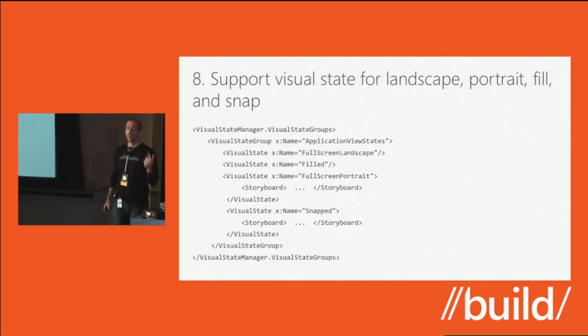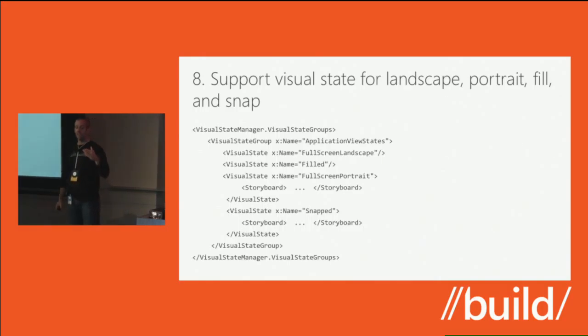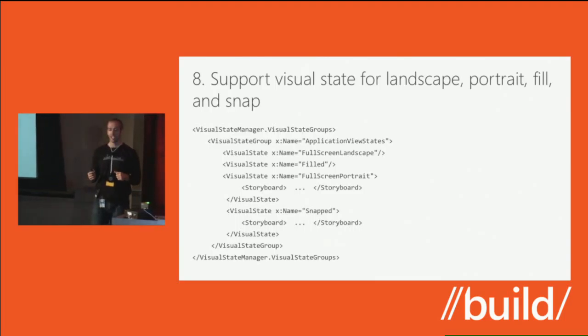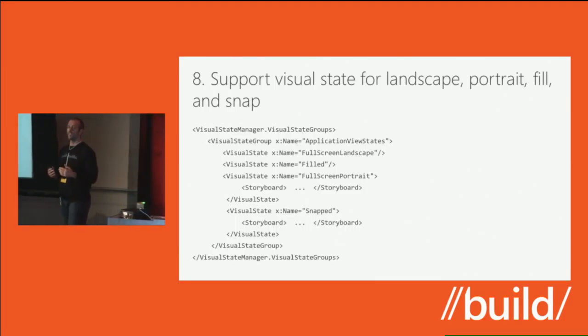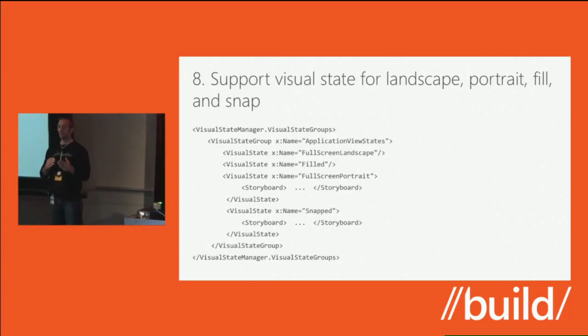So what this Visual State Manager in XAML does is allow you to set up ways for things to happen when these states happen. This is tied to that layout aware page. So what will happen is it'll trigger one of these state groups to change, and you can create these storyboards. And think of storyboards as a way of defining what happens when something else happens.